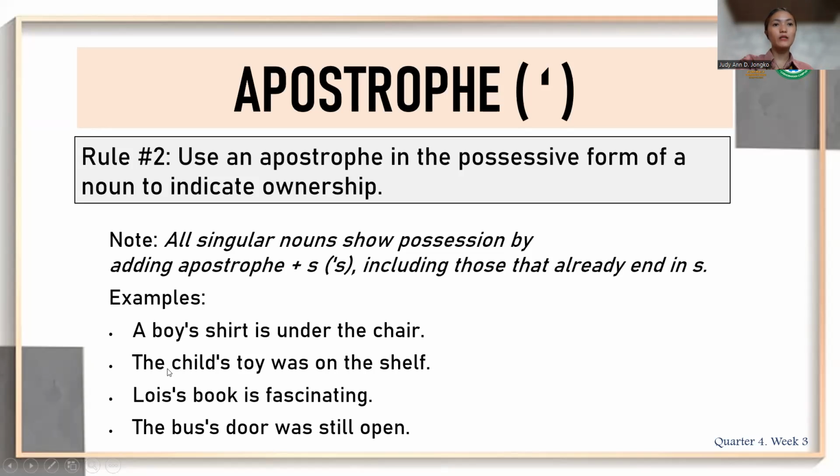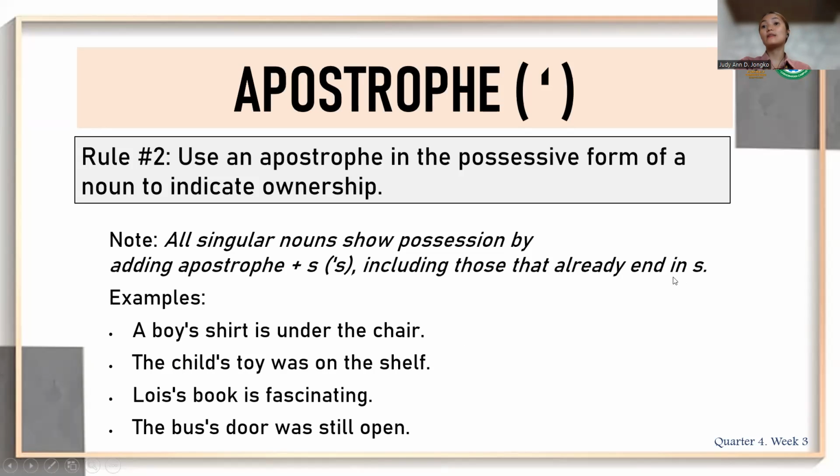For example number 2, the child's toy was on the shelf. Again, there is only one child, so we need to put apostrophe s, then proceed to the next part of the sentence. In example number 3, as you can see, the noun already ends in s.